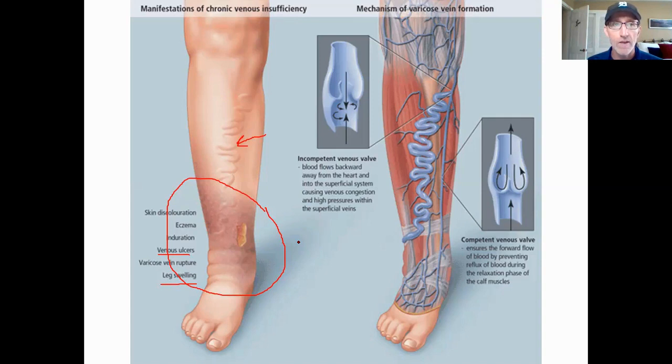So what kind of things do you guys think would stress the valves out? Who's going to be more likely to have varicose veins? Older people? Okay, so certainly it's going to manifest in older people, but let me ask you a different question. There's actually certain occupations that are more at risk for developing varicose veins. Well, my grandma's a nurse and she has them.